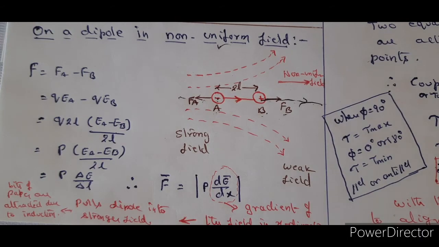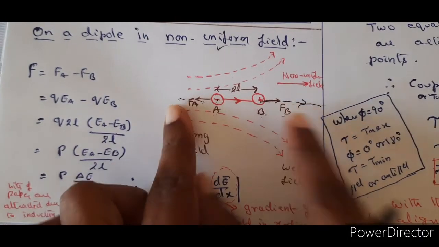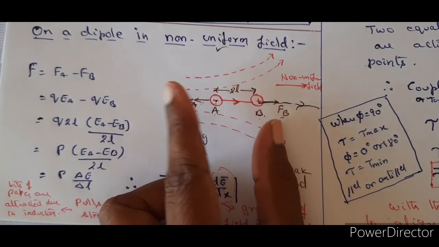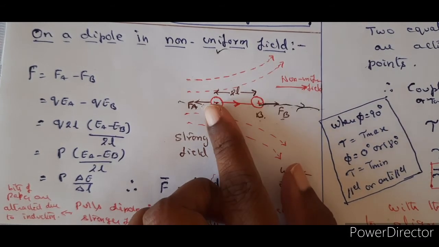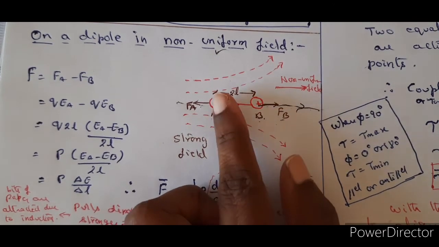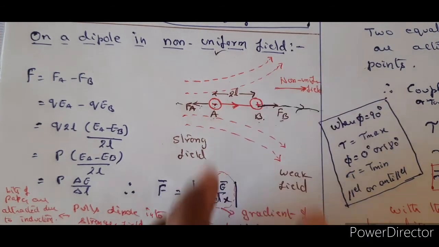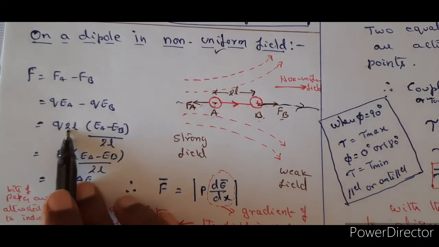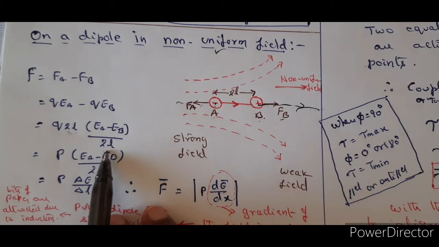That means the dipole is not focused at a point. It is stretched over a length of 2L. So the electric field surrounding it is changing, and we need to find out how it changes with respect to the length of the dipole. So I need dE by dL or dE by dx. Therefore, I multiply and divide this by 2L.